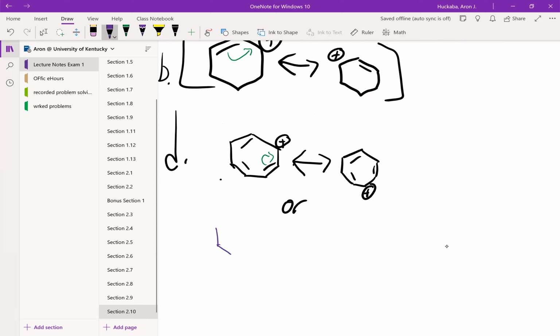There we are. Okay. You could actually go all the way around the ring to put the carbocation here instead.